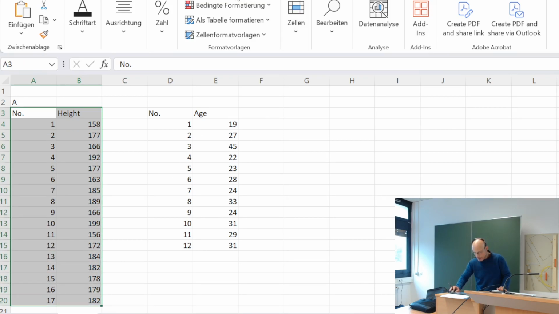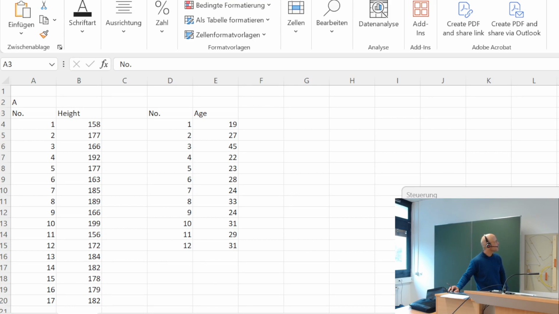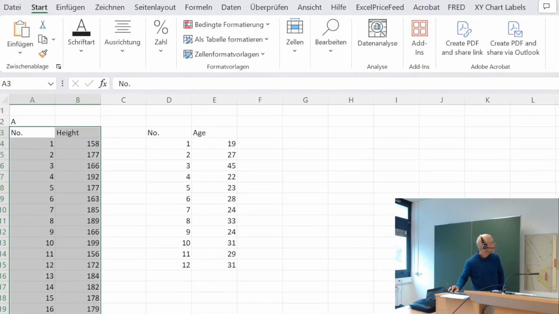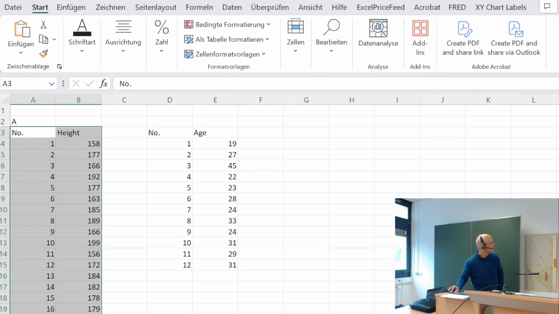And this you can do here. Oh, you don't see this. Then we have to move this downwards. You also have to see what I'm clicking on here.